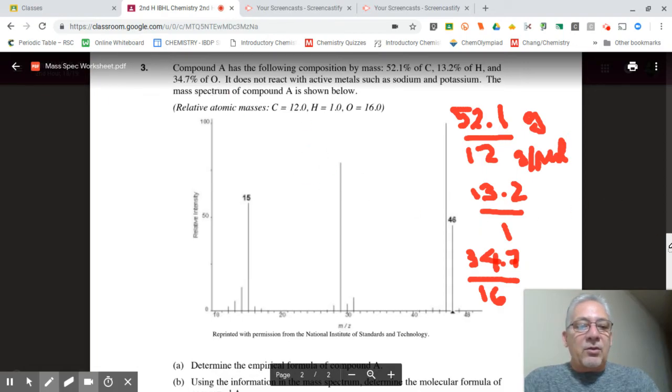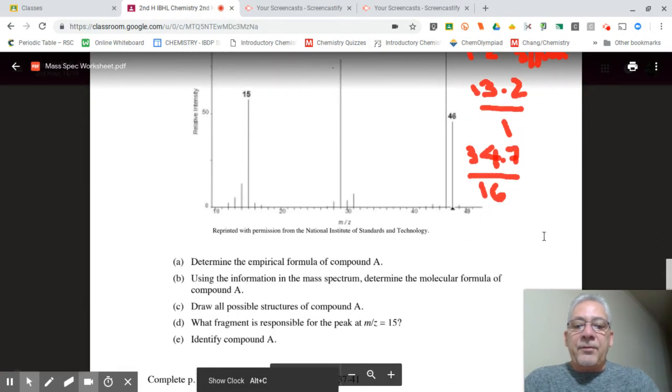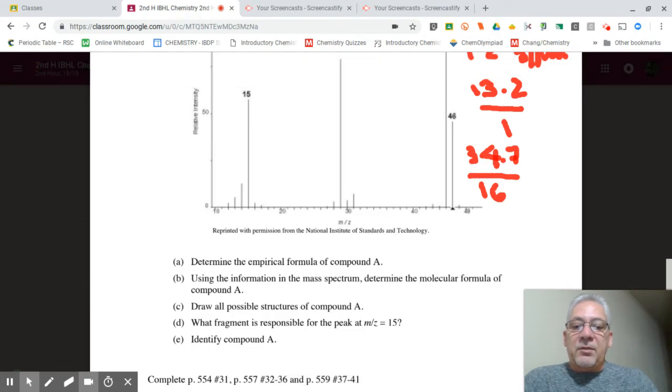So going to the question again, let me scroll down and see the empirical formula of the compound. You need to do this calculation first, and then you have to determine the molecular formula and draw all possible structures of compound A and explain the fragment of 15. That's an easy one.